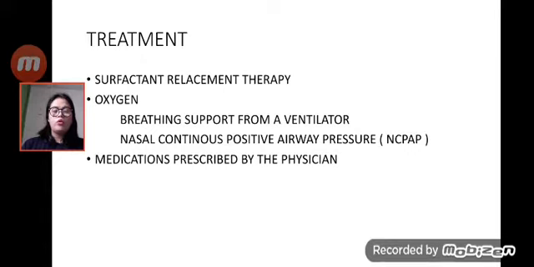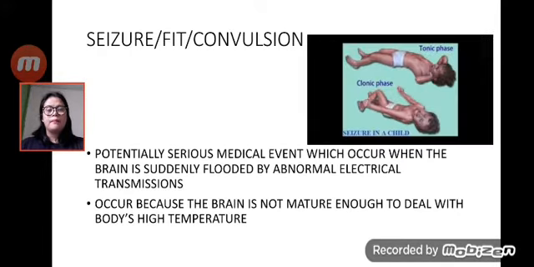And another thing would be medications prescribed, of course, by the physician. So automatically, there will be an antibiotic in that kind of diagnosis. And not only antibiotics, there will also be steroids, knowing that there is difficulty of breathing.